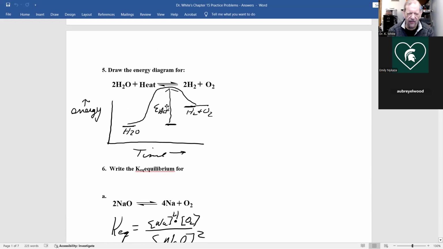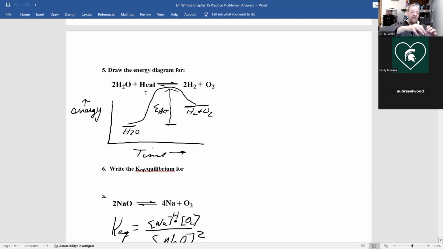Now, for an endothermic reaction, again, the energy on both sides is the same. But on the left side, water has less energy than the chemicals on the right because some of that energy is released by heat.